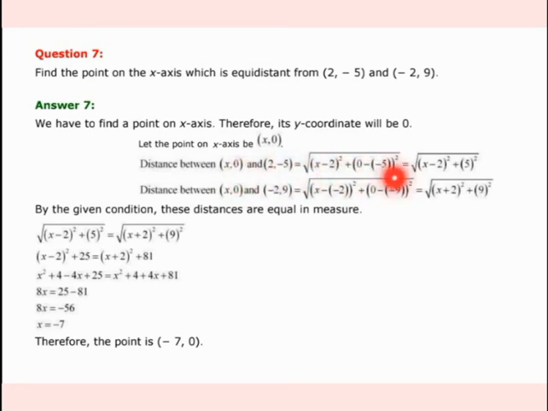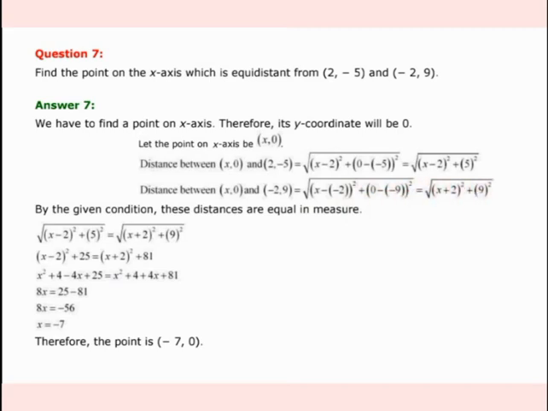Keep it same, (x minus 2) whole square and minus minus will be plus, means 5 whole square. Now the distance between (x, 0) and the second coordinate (-2, 9). Under root (x minus -2) whole square plus (0 minus 9) whole square. You will get (x plus 2) whole square plus 9 whole square.